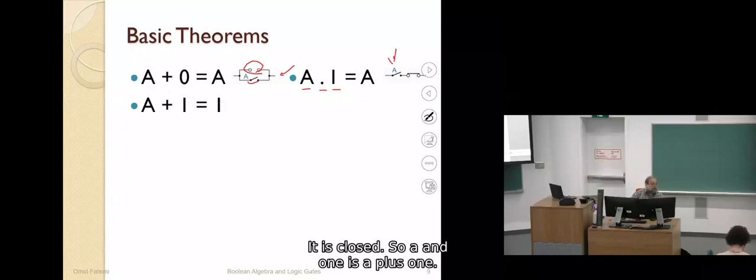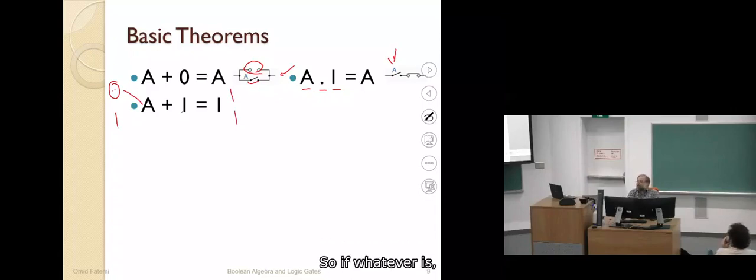Okay. A plus 1. You are ORing something with 1. Again, A is either 0 or 1. If it is 0, 0 plus 1 is how much? 1. 0 OR 1 is 1. 1 plus 1 is 1. So whatever A is, the result would be 1.